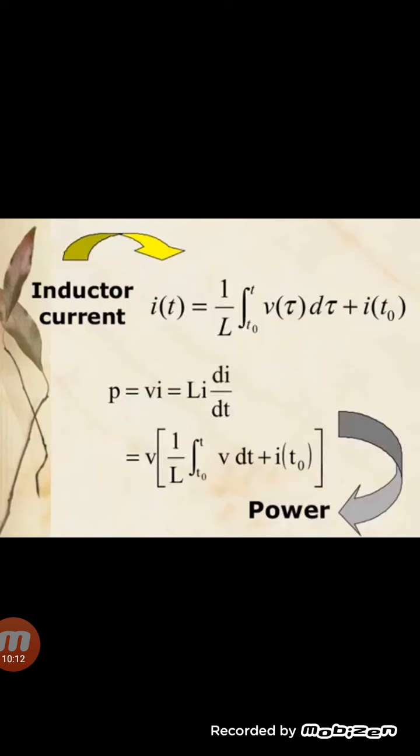So we have three types of terms: inductor current, inductor voltage, and inductor power.